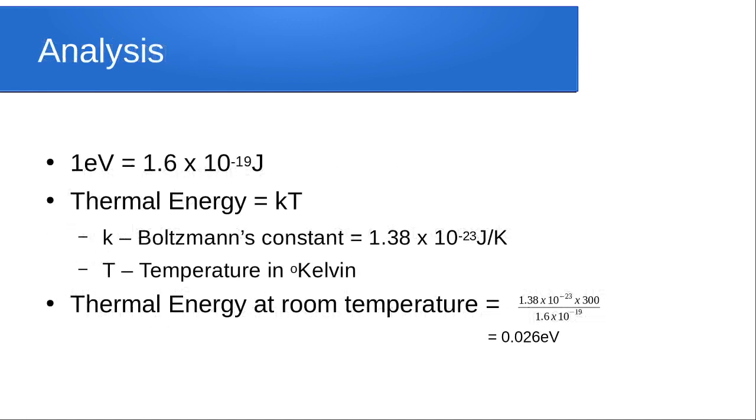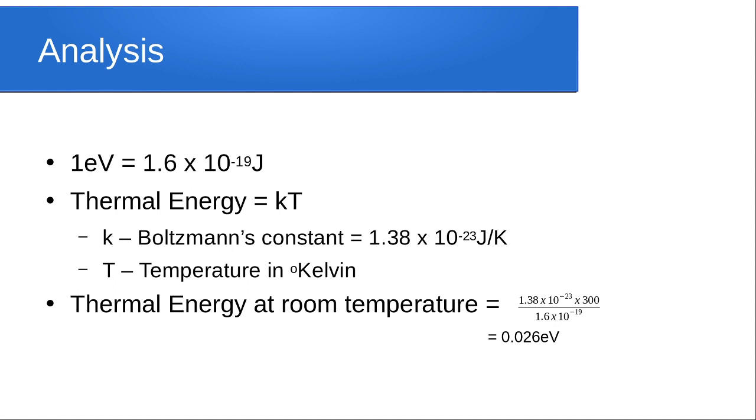This scenario can be kept in mind to analyze what happens to a normal semiconductor element at room temperature. As you all know, we will take the example of silicon.